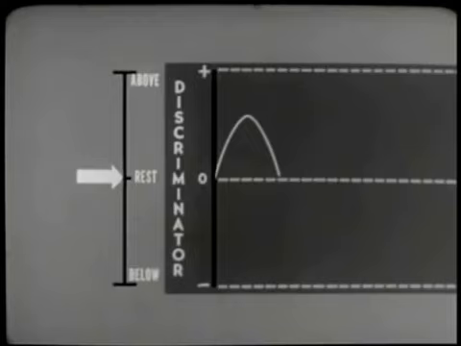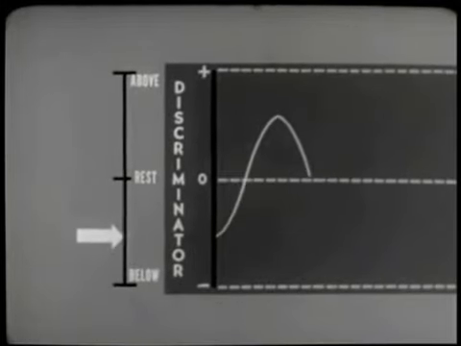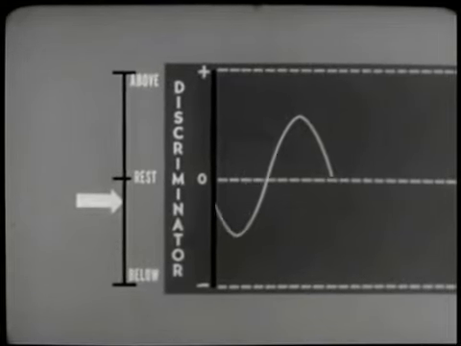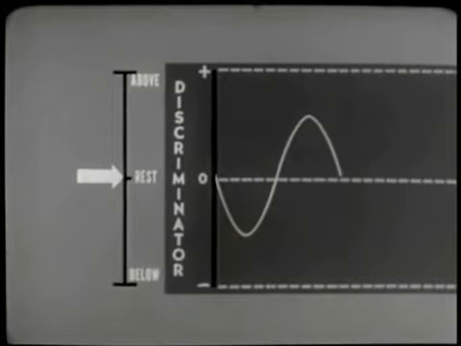For this illustration, when the carrier deviates above rest frequency, the circuitry of the discriminator generates a positive voltage. When the carrier drops back down to rest frequency, the positive voltage gradually diminishes. When the carrier deviates below rest frequency, the discriminator responds with a negative voltage at its output. When the carrier moves back up to rest frequency, the negative voltage diminishes to 0.